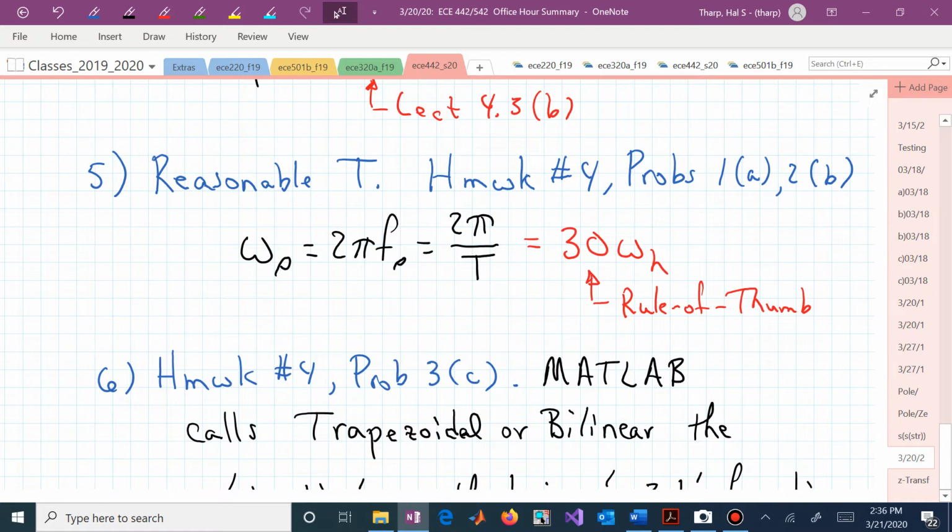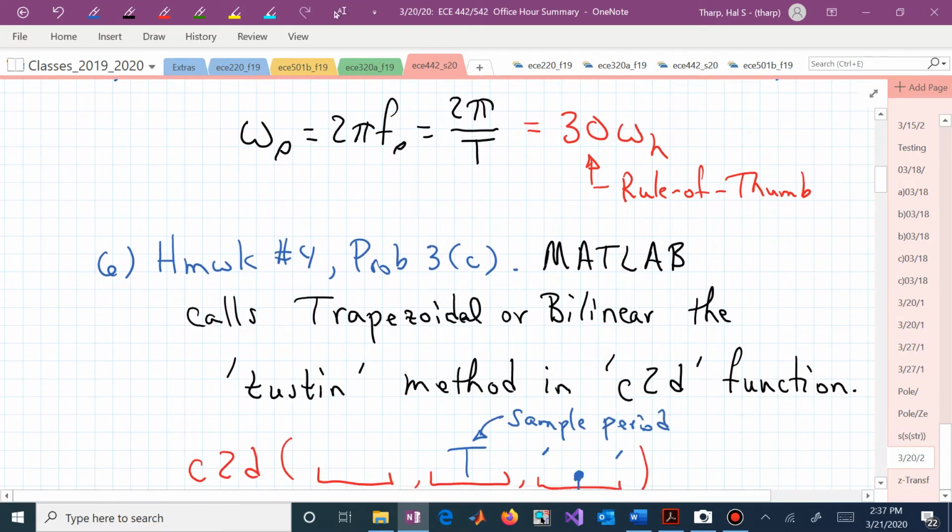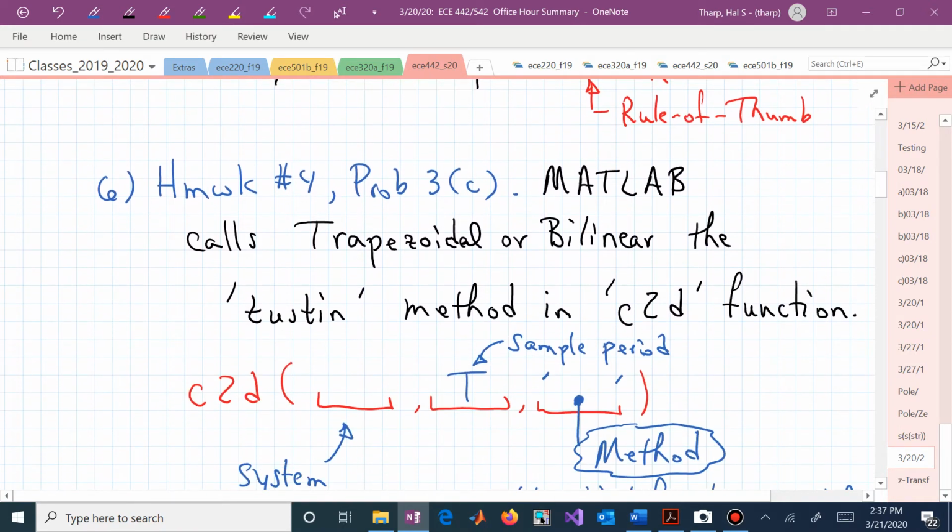And that frequency, omega sub s, is related to the sample period inversely through this 2 pi factor, or omega sub s is 2 pi over T. If you set that equal to 30 omega sub h, what does T look like? Is it reasonable? That's what I'm really after in homework number 4.